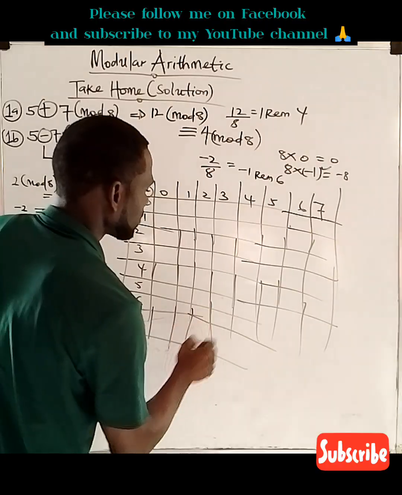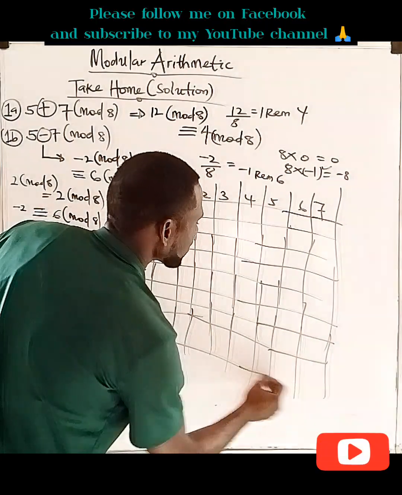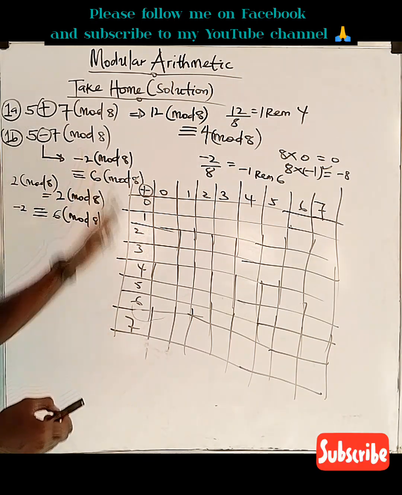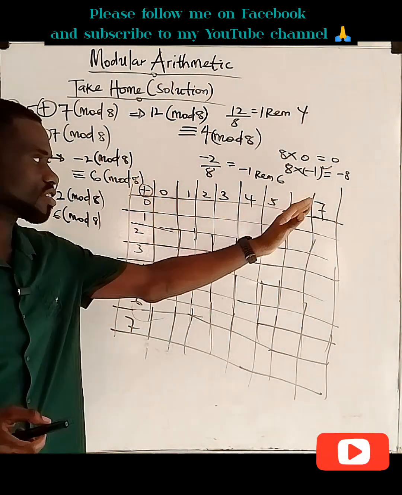So these are the set of figures you're going to be working with. All this makes up the modulo 8. So 0 to 7, 0 to 7.